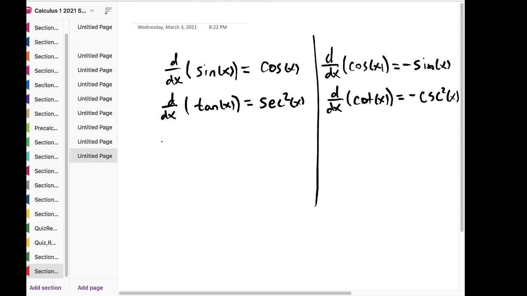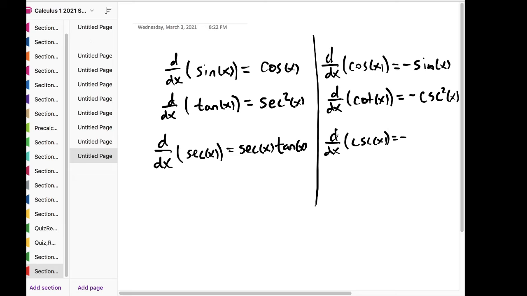Derivative of secant? Yep, secant tangent. And then the derivative of cosecant? Negative cosecant cotangent.